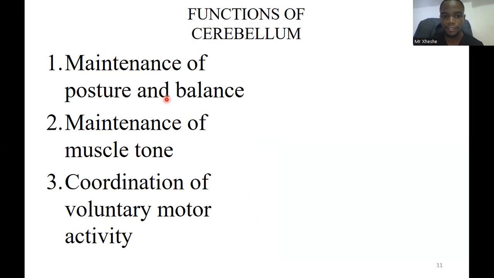Next is maintenance of muscle tone, especially when movement is involved. So there's a certain muscle tone that you need to achieve or complete a motion. Then coordination of voluntary motor activity. All right, for example, when you're running, the body must balance because at any given time, it's only one foot that will be touching the ground.